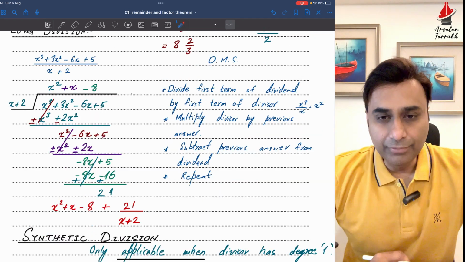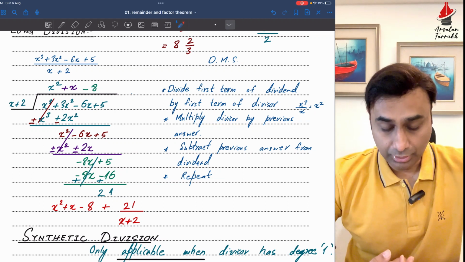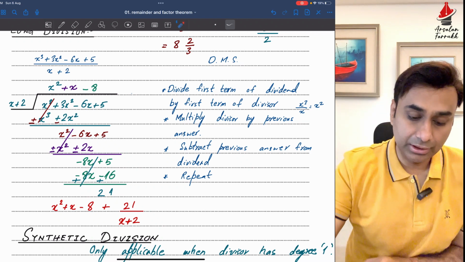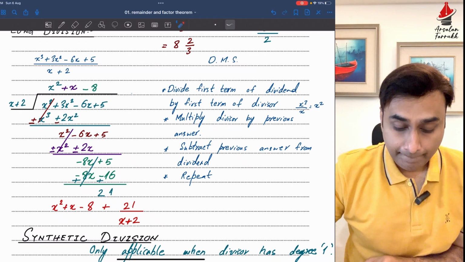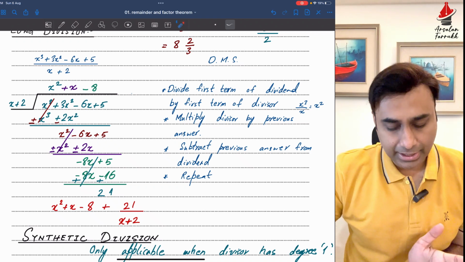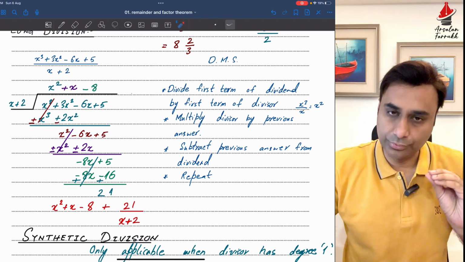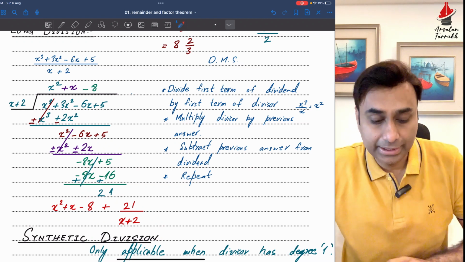So for your A-level math course, you need to know this process of long division, because that's required in your syllabus.